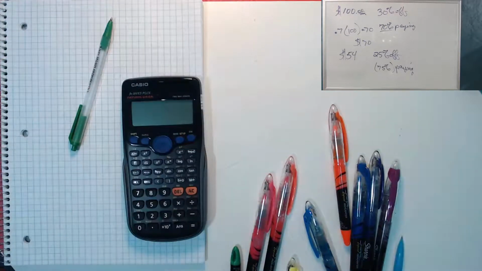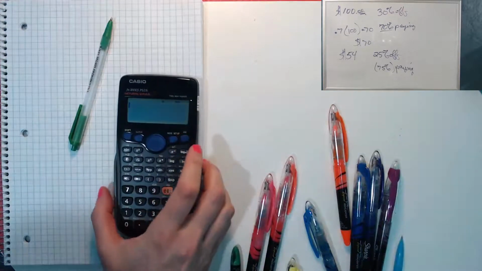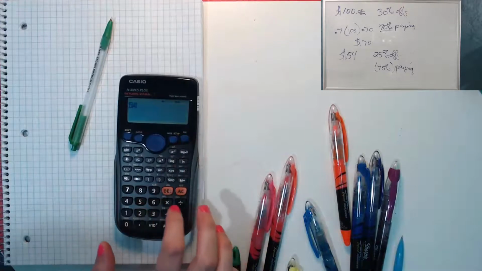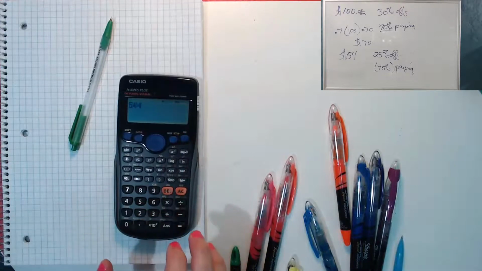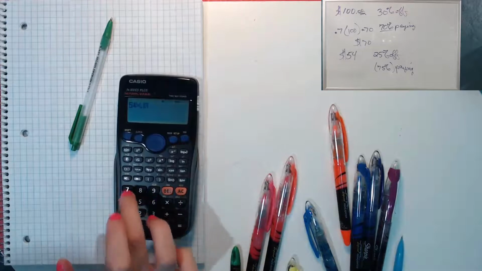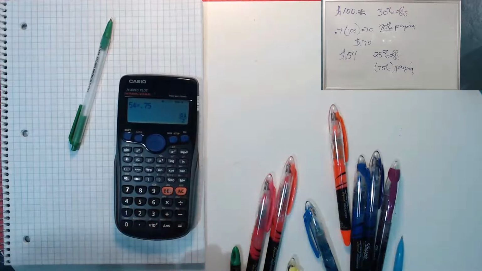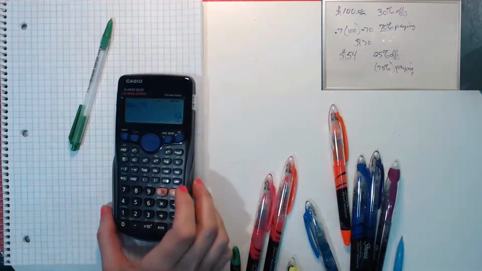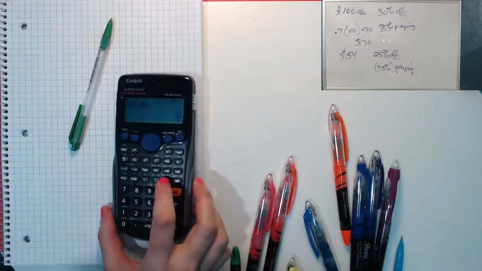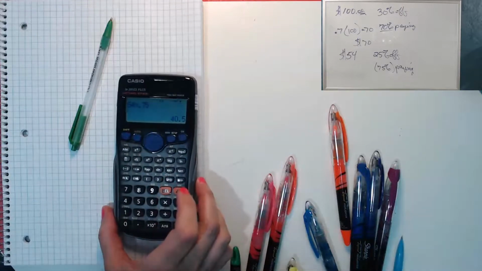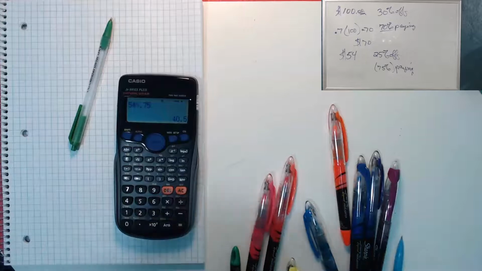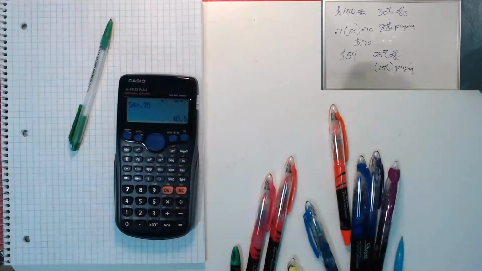If it's $54 and it's 25% off, you'll take 54 times 0.75. And if you hit the SD button, it's $40.50. Okay, that's how much you're paying.